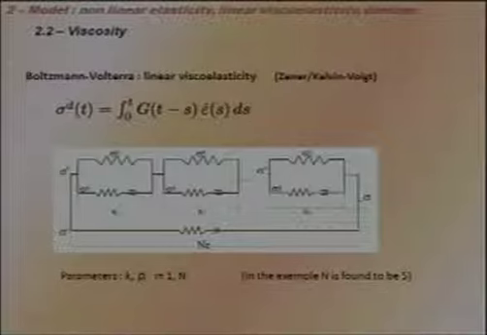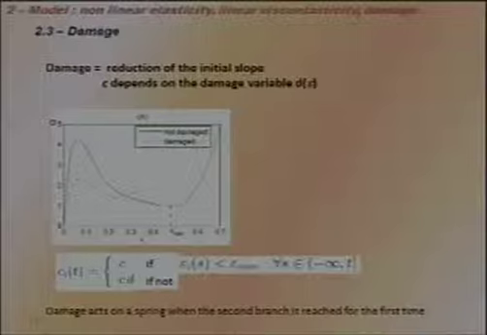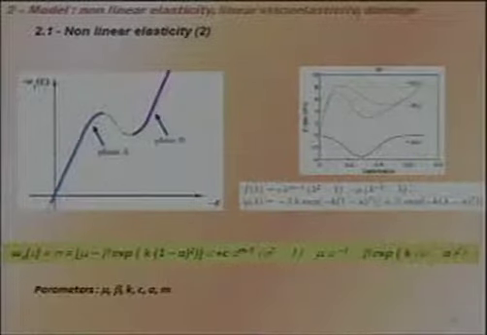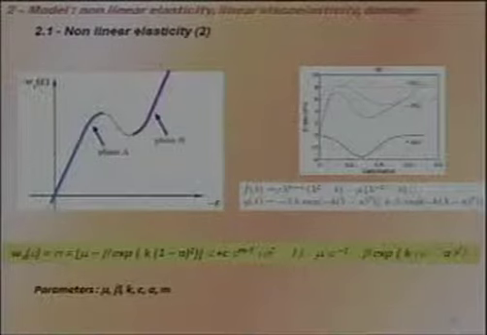I will talk more about this model when I talk about the identification of the parameters. And finally, we put in some damage, essentially to mark the difference between the first cycle and the second one. For that, we act on the parameter C of these parameters, which characterizes essentially the first stiffness.